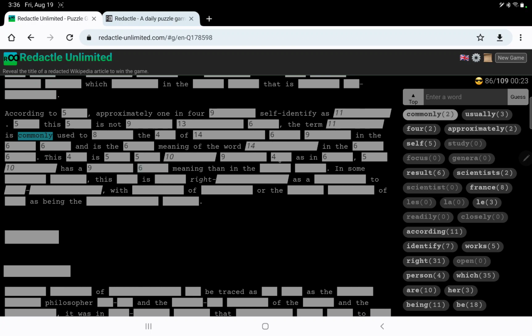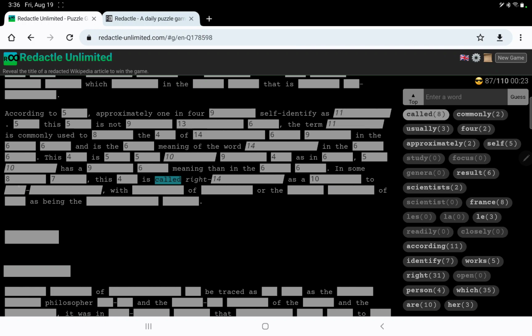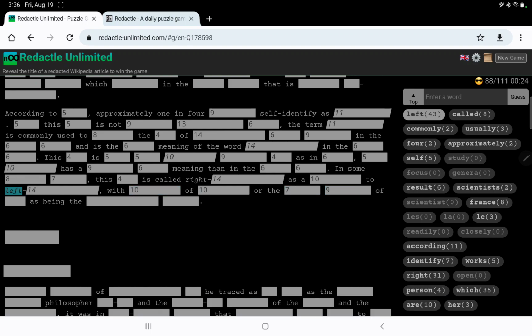Has a 9-6 meaning than in the 6-6. In some 8-7. Ooh, this 4 is 6 is called right as a something to as opposed to left. Okay, as a something, as a oh, I know that word, as a with 10 of 10 are the 7, 9 of 4 as being the 7.